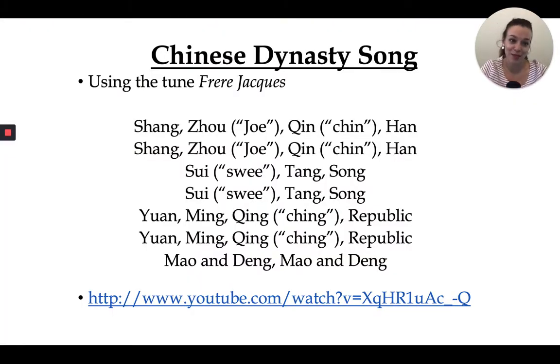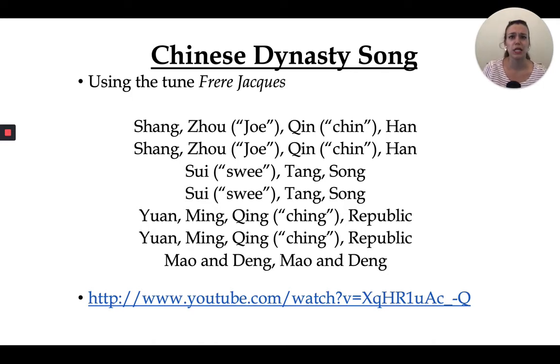I recommend that you learn the Chinese Dynasty song. It's a little bit silly. It is super silly. But the Chinese dynasties serve as a really helpful chronological tool as you mentally organize the rest of your historical knowledge. Right? It's hard to remember what came first. Was it Charlemagne or the Byzantines?